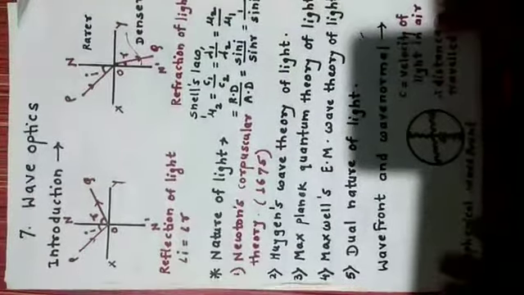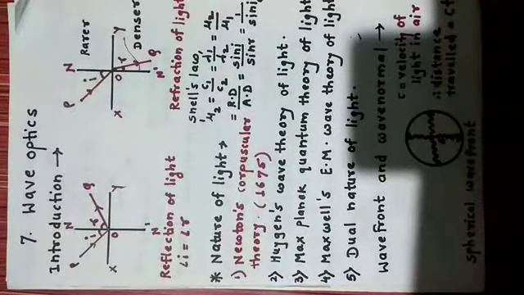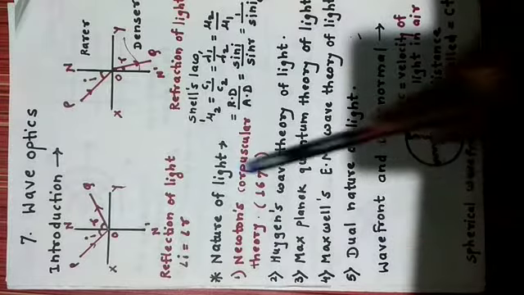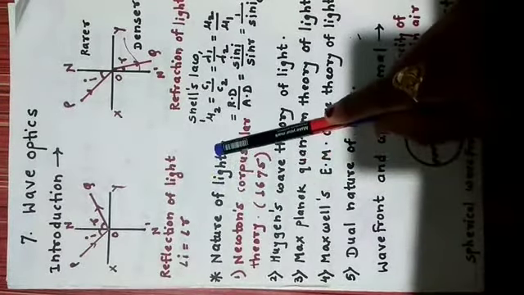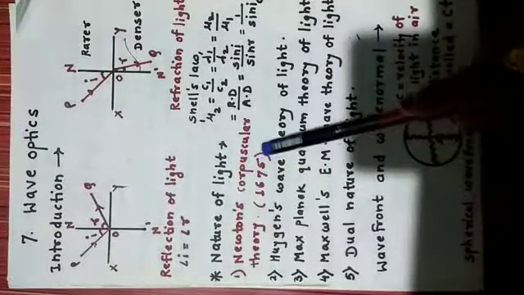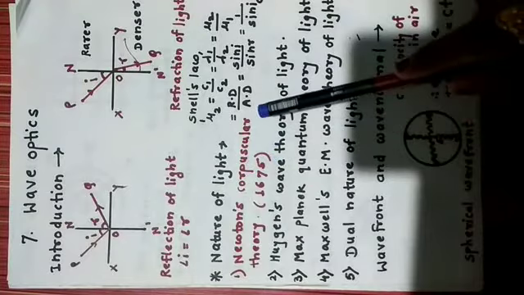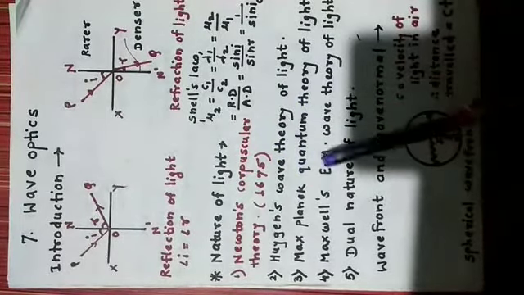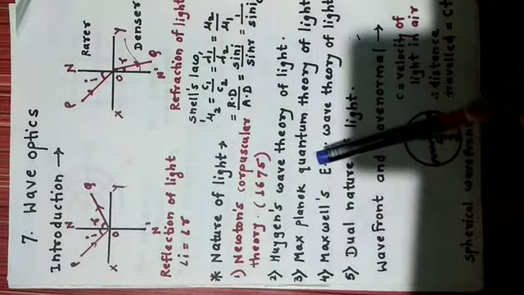Okay, this is the introductory part only. Now the topic starts from the article nature of light. Actually, nowadays we assume that light has dual nature, particle nature as well as wave nature.